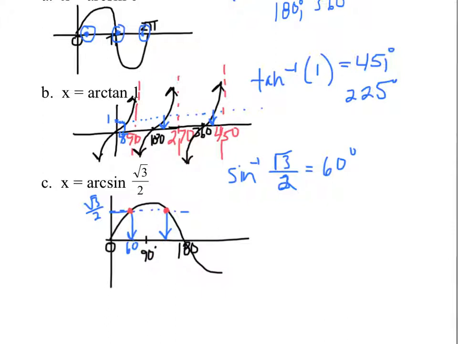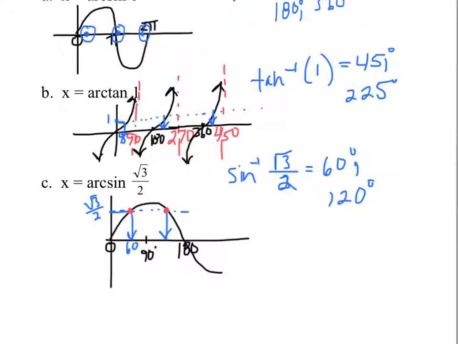So we'll get 180 minus 60, which is 120 degrees. We could have done it in reference to 90 degrees. From 90 degrees, 60 degrees is 30 degrees to the left of that. So 30 degrees above 90 would be another way to get that same angle, 120 degrees.